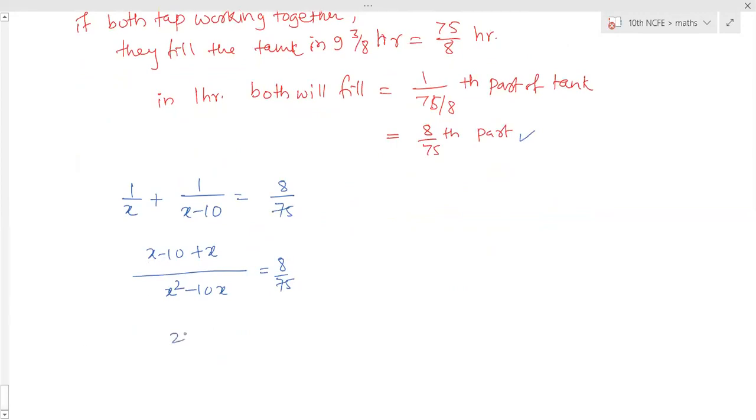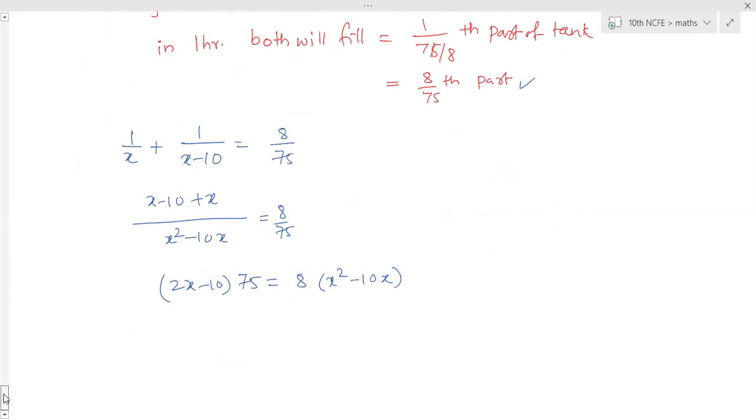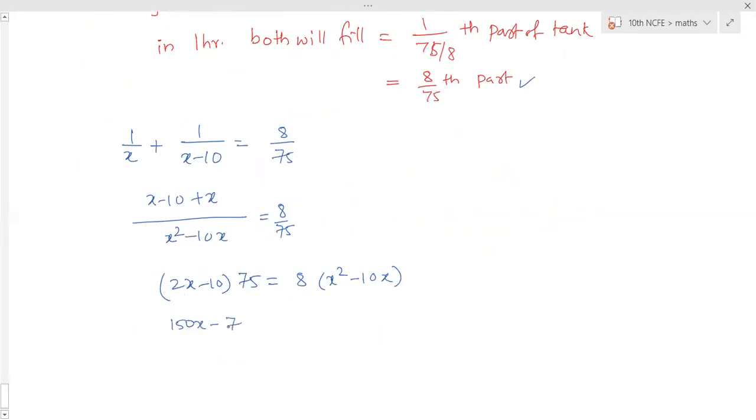So x plus x minus 10, that is 2x minus 10, into 75 is equal to 8 into x square minus 10x. So this is 75 into 2, that is 150x minus 750 is equal to 8x square minus 80x.